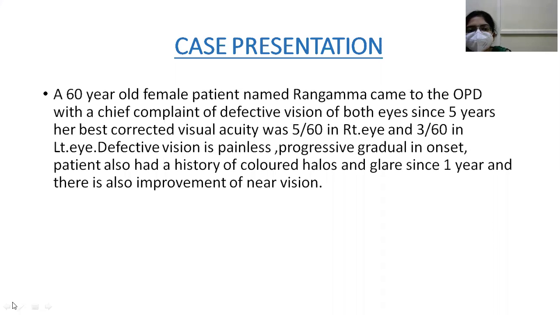Suppose if he is able to read up to 6/36, then what are you going to do? How will you try to test the vision further? How will you try to improve the vision? We will magnify further.